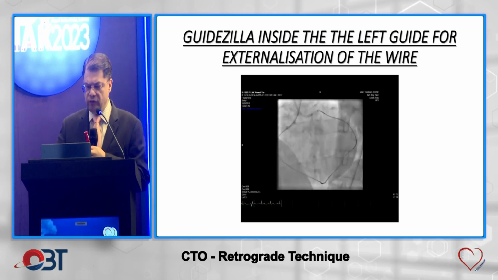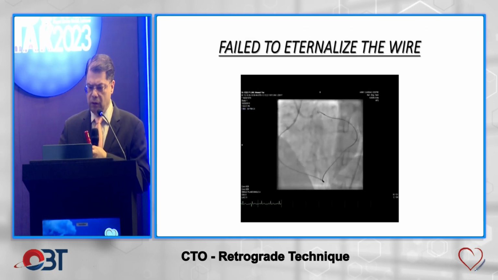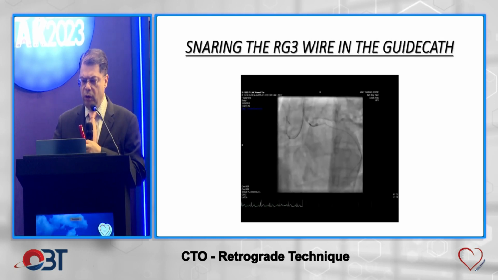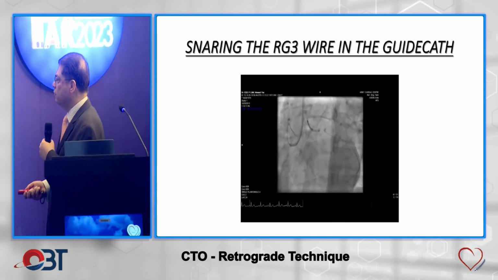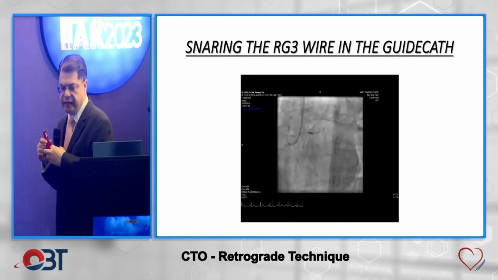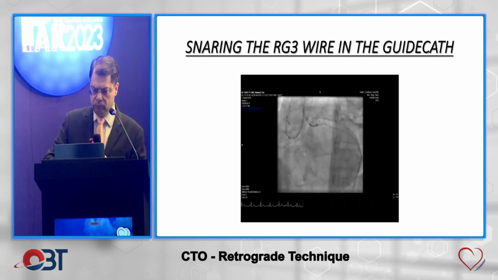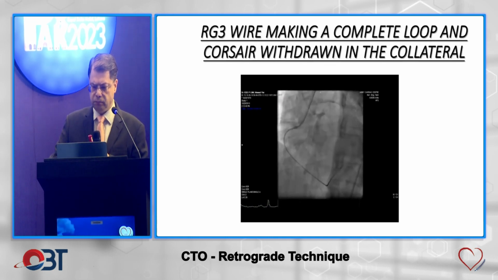But we were not successful in this regard as well. And then what we did was that we took an RG3 and snared it into the guide catheter. So then we sort of externalized.